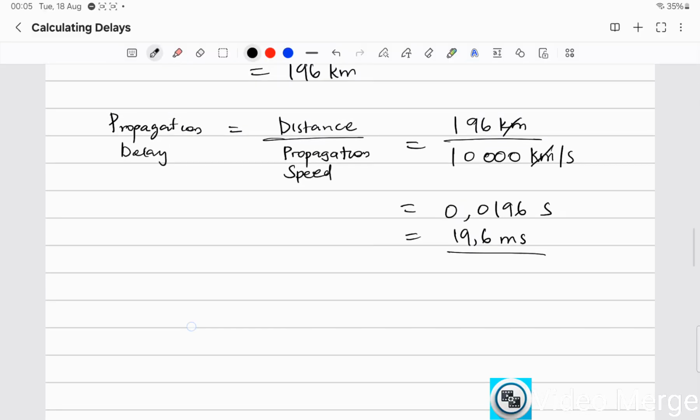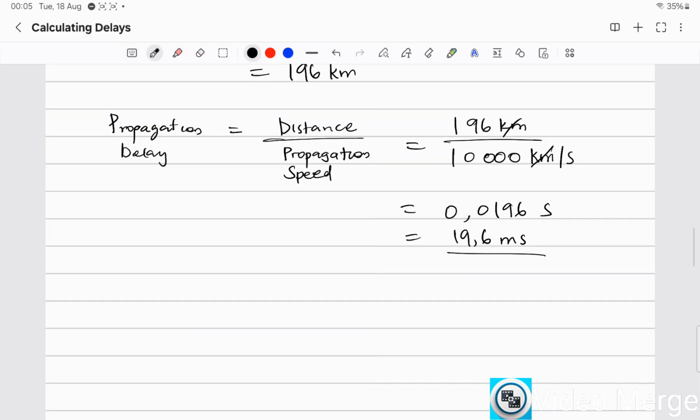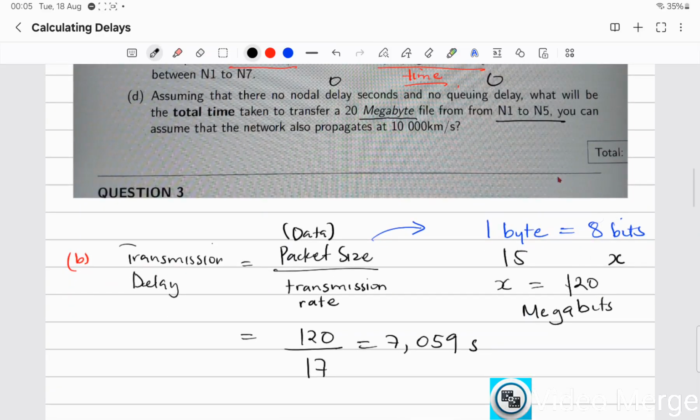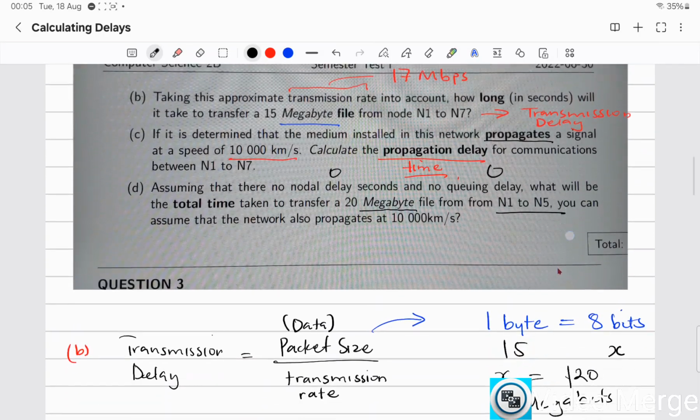Alright. Let's answer the question right now. The first thing that we need to do is understand the formula for calculating all this.